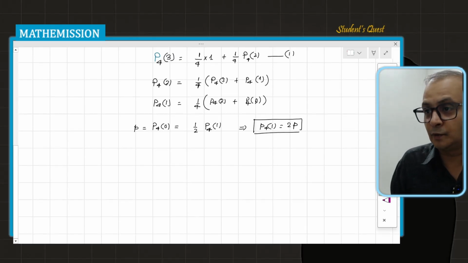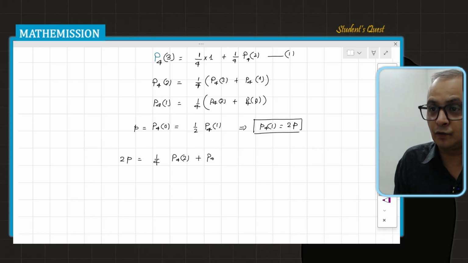So this is going to be 2P is equal to 1 by 4 P42. Let me write P42 as it is, plus P40. But notice P40 again I can write as small p. So this is going to be 8P is equal to P42 plus P.